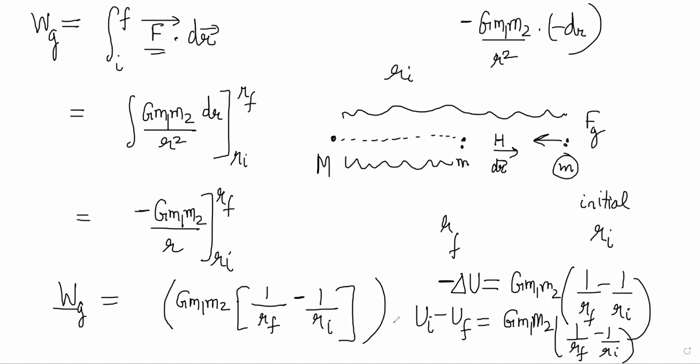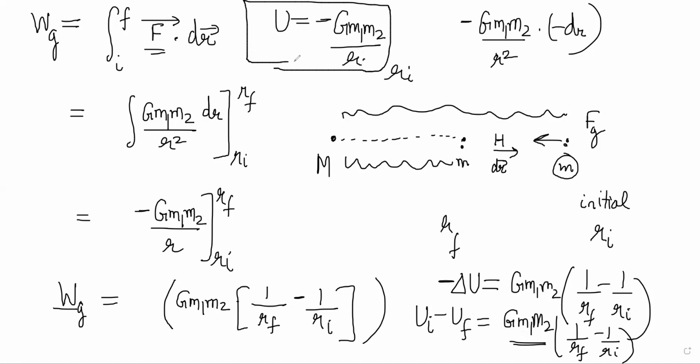And that just suggests that, okay, can I split this expression into two parts and call one of them Ui, one of them Uf? Yes, you can if you define U as minus G m1 m2 by r. Because then when you put Ui, you say Ri, and when you put Uf, you say Rf. And then that will be the difference. Ui minus Uf will become this, right? Yes, sir.